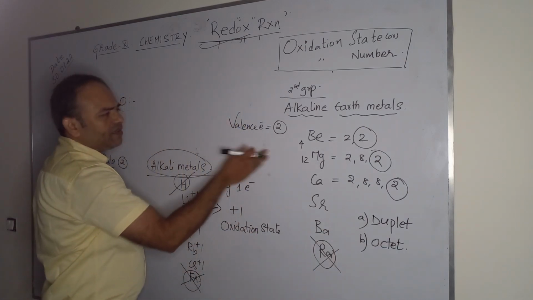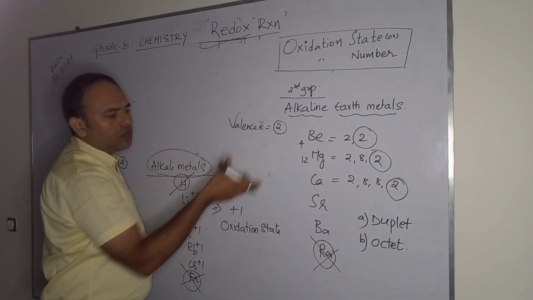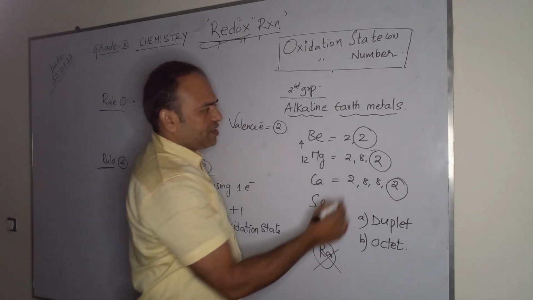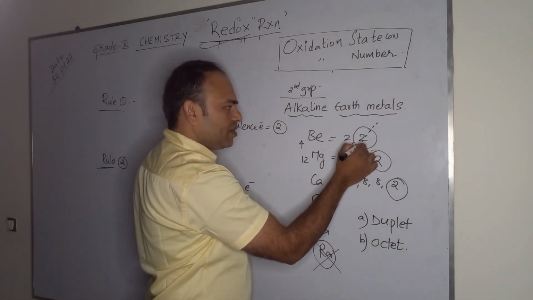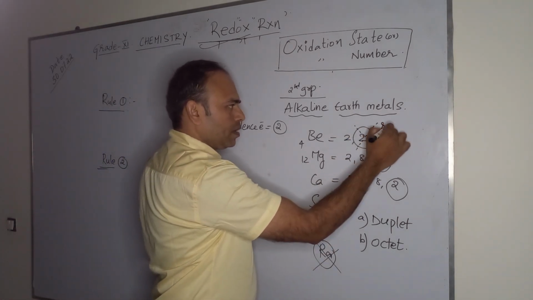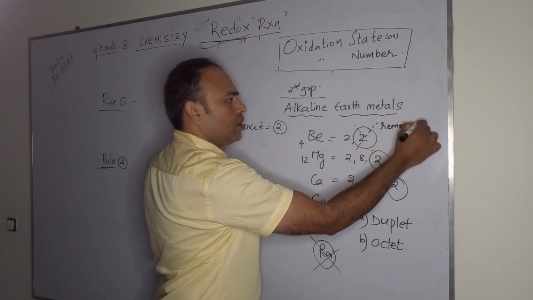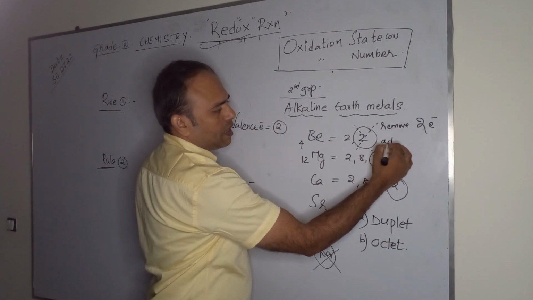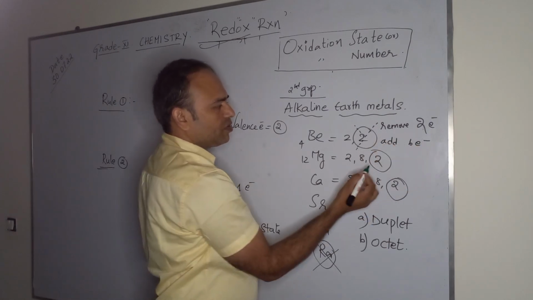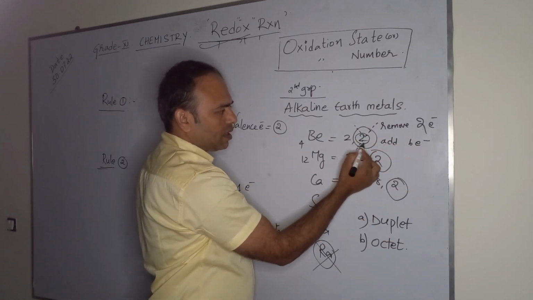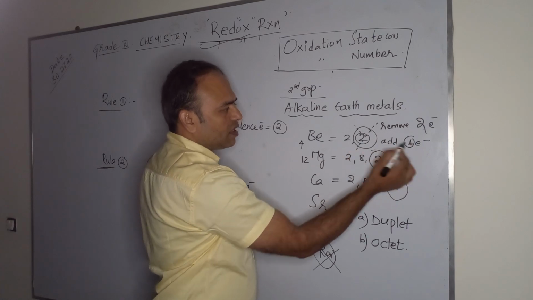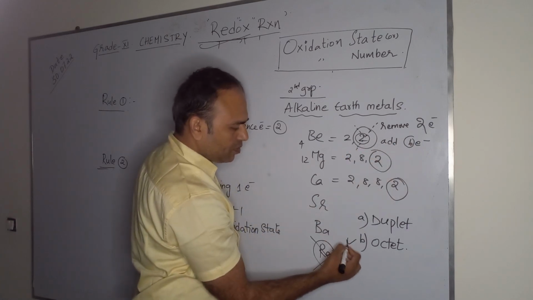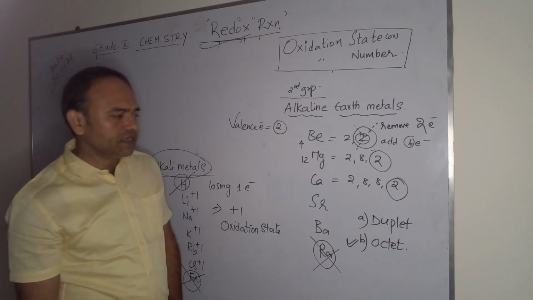So if you have 2 electrons, how can you get stability? First, I can remove 2 electrons, or I can add 6 electrons. See, 2 electrons are there, add 6, then the total will become 8. That means you will get the octet configuration.